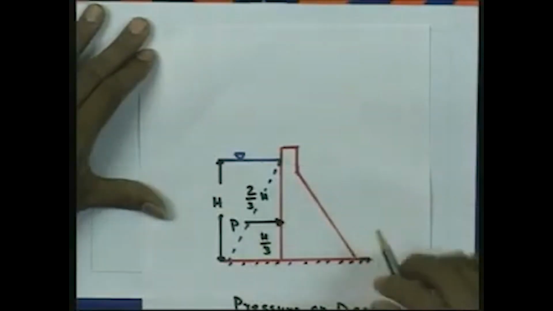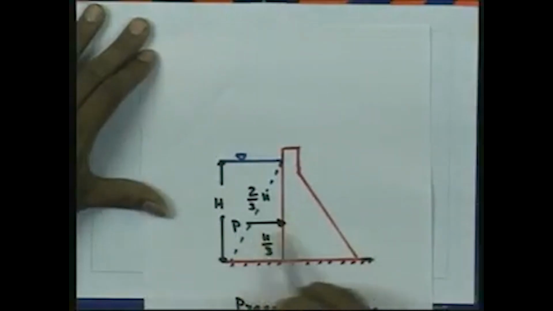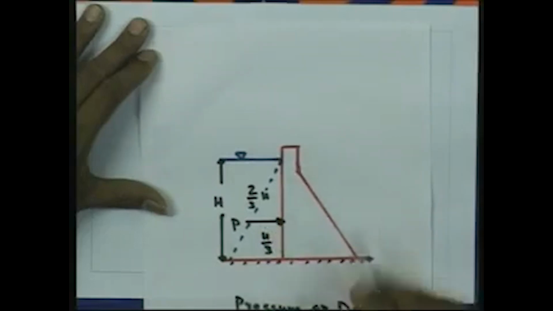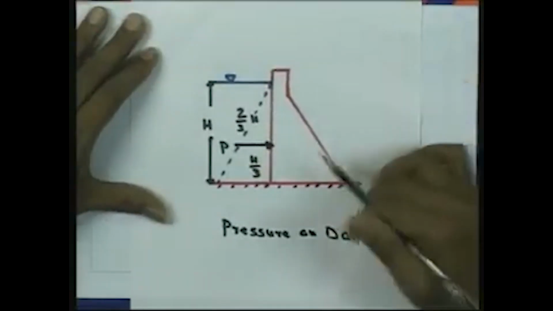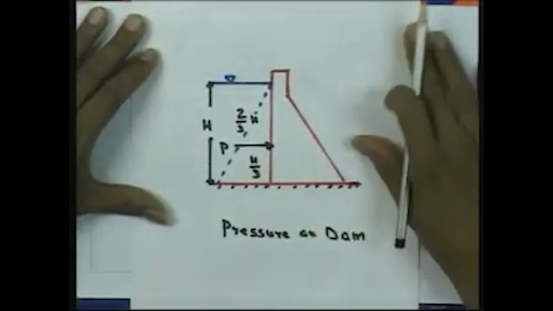So, that will give the total pressure, and the pressure will be acting at H by 3, very similar to the case of a tank which we have discussed. So, this gives the pressure on a dam. Like this we can see so many practical applications, in the case of reservoirs, dams or water tanks.